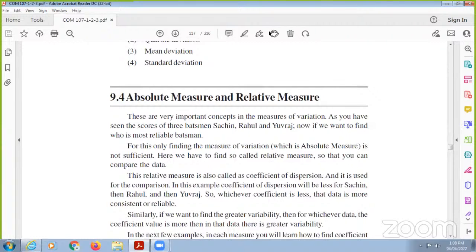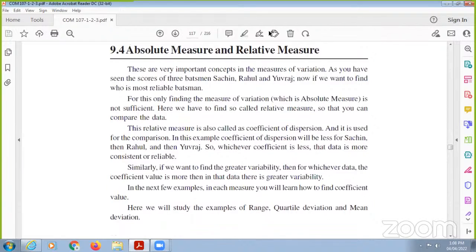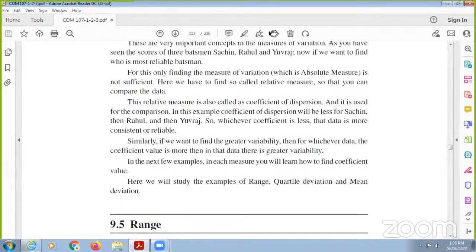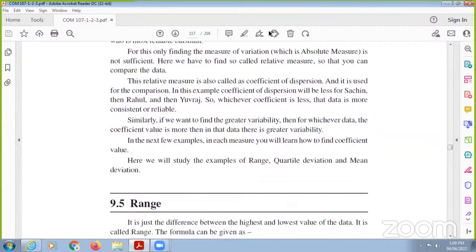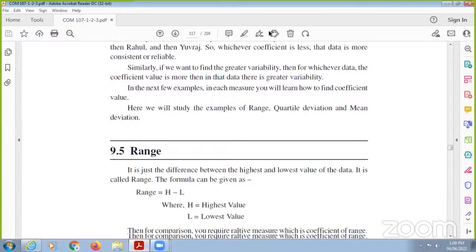Then for product B, the coefficient of range is 35 minus 30 upon 35 plus 30, that means 5 upon 65. The answer will be 0.0769.